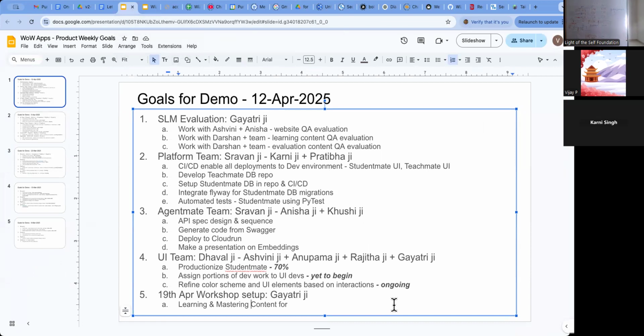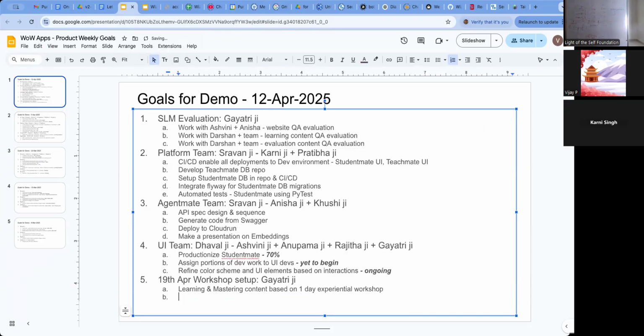So what I'm saying is, Gayatriji, learning and mastering content based on the one-day experiential workshop. And this needs to be set up, and you can work with Dhavalji to ensure that it is set up.